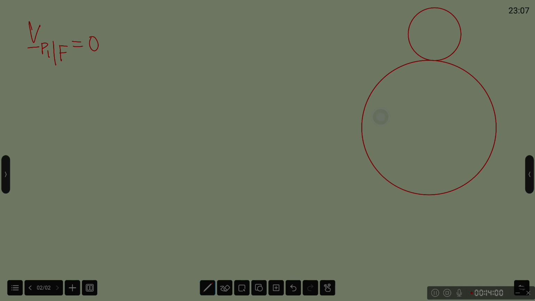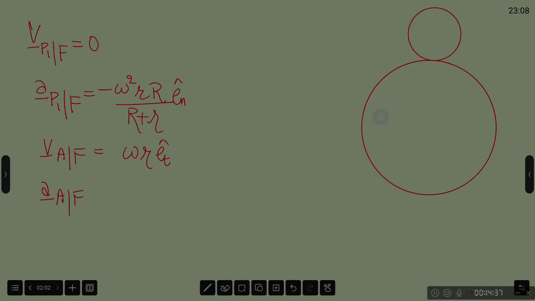Rewriting all the expressions, this is all we have derived so far.